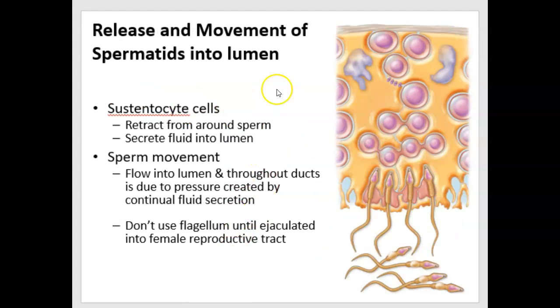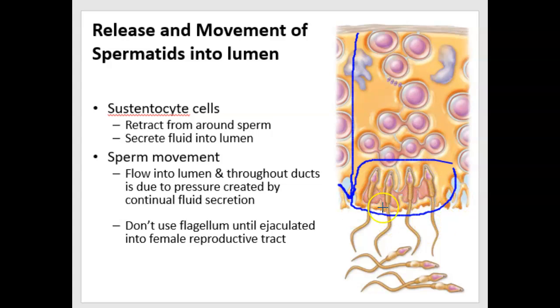So here we see the process of spermatogenesis occurring from the periphery towards the lumen, and these four spermatids are undergoing spermiogenesis, and those four processes we just talked about are happening to them.